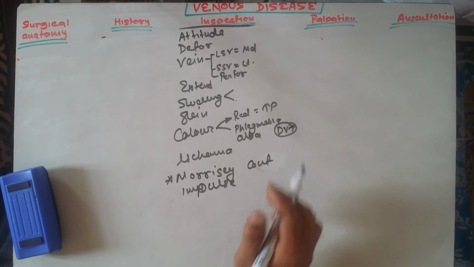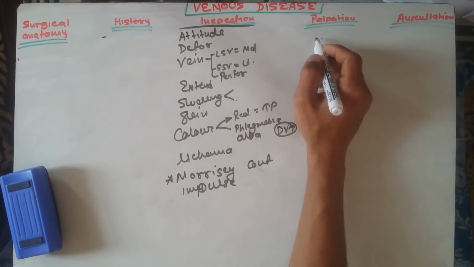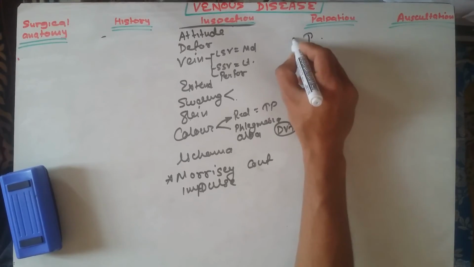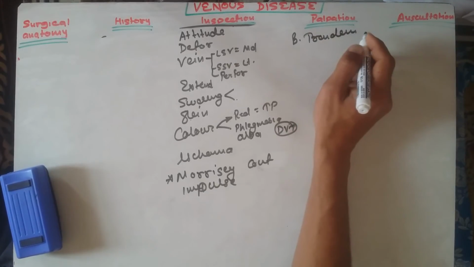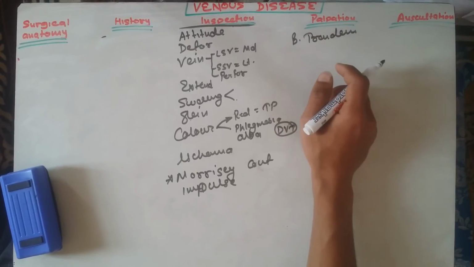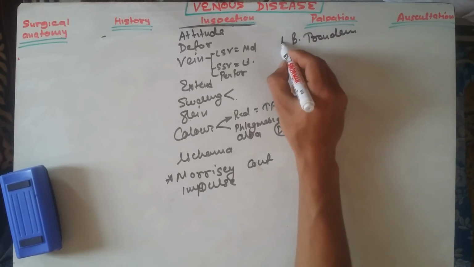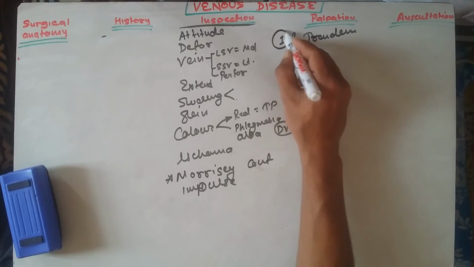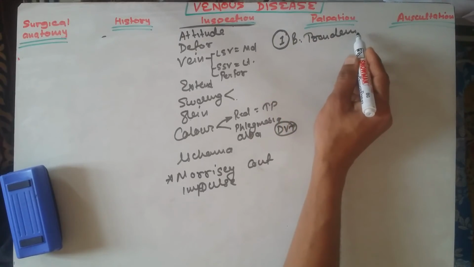Now the main topic is the palpation during the varicosity. So the first will be our Brody-Trendelenburg test. Okay, Brody-Trendelenburg. In this patient, actually we will press the saphenofemoral junction, this is the first test we are going to perform, called as Brody-Trendelenburg test.